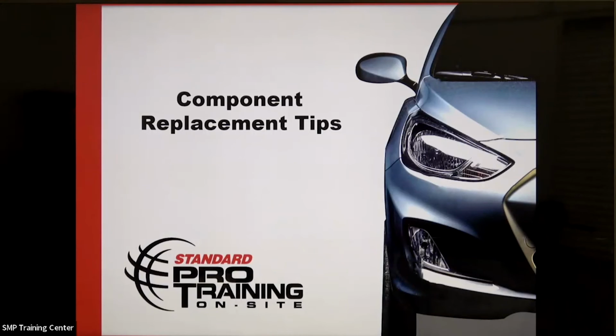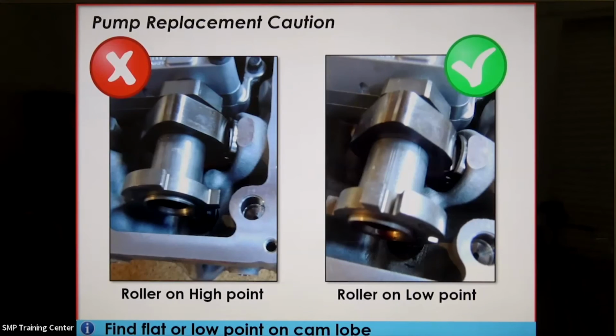All right, well, so now let's take a look at some component replacement tips. Now, let's say you're going to replace something like maybe a high pressure pump. Well, I have over here in front of me some parts, and I'm going to show you some things with them. But we notice here on the screen that we have two examples of a camshaft in different positions.